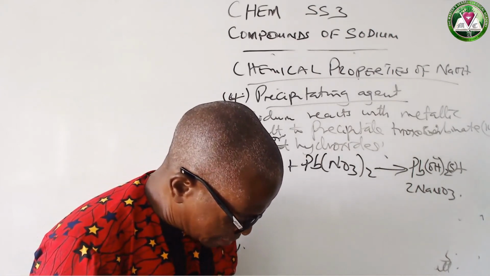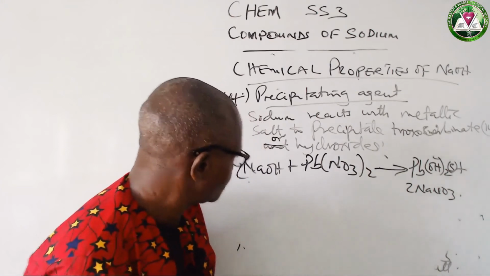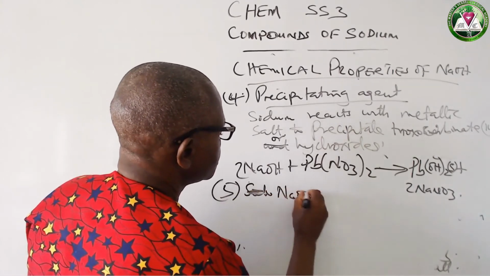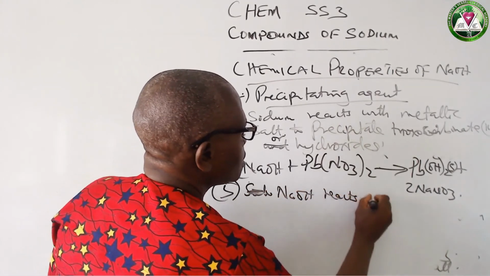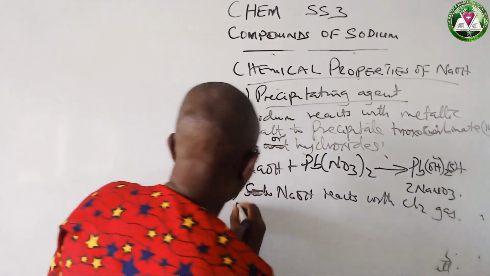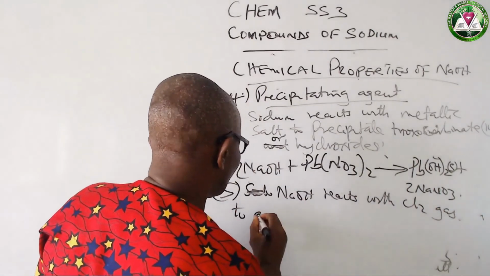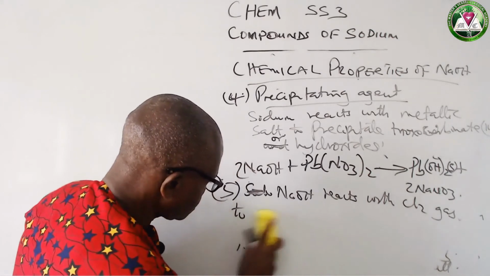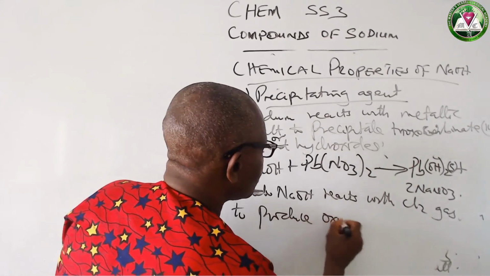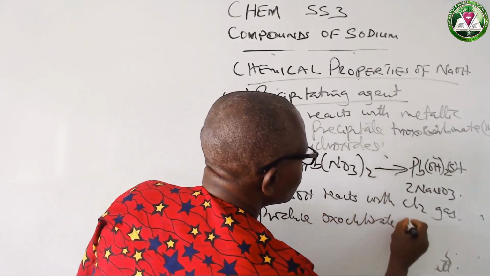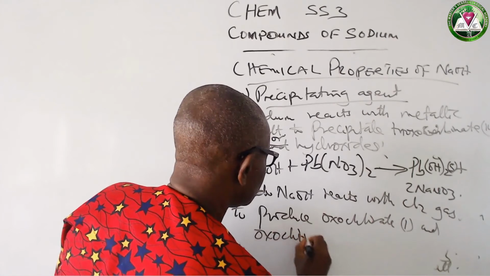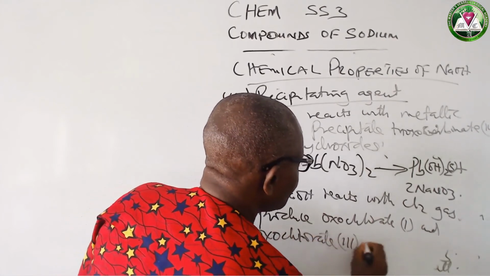Let's look at sodium hydroxide, the fifth one. Sodium hydroxide reacts with chlorine gas to produce oxochlorate(I) and oxochlorate(V), depending on the condition.